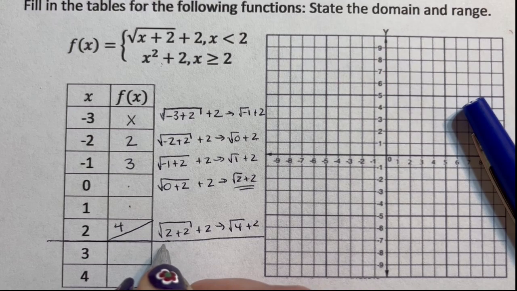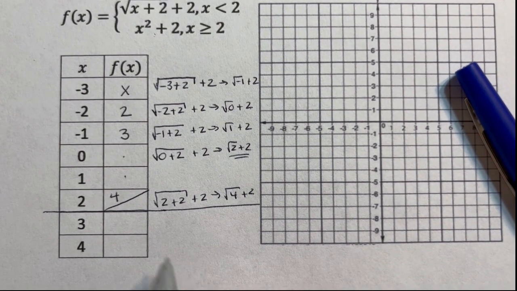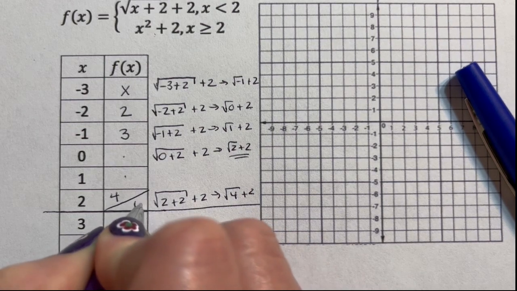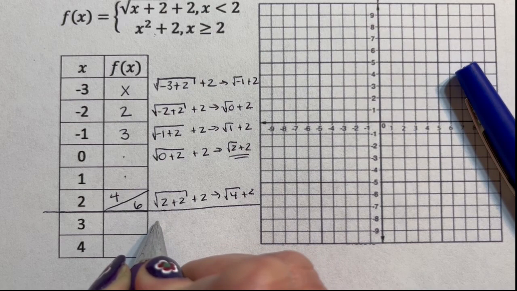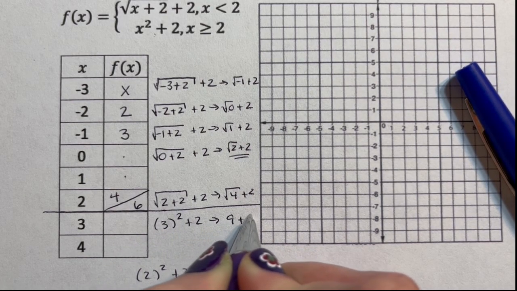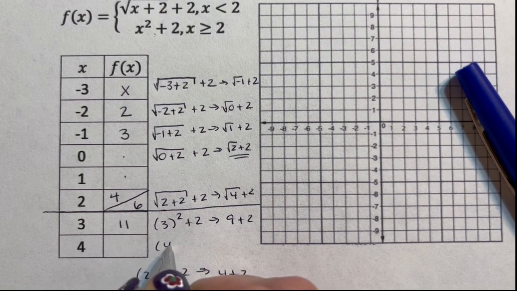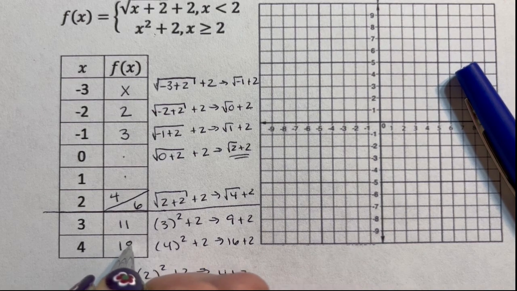Just underneath, for the 2 we have 2 squared plus 2, which is 4 plus 2. So this is going to be 6. And then we have 3 squared plus 2, which is 9 plus 2, which is 11. And then we have 4 squared plus 2, which is 16 plus 2, which is 18.